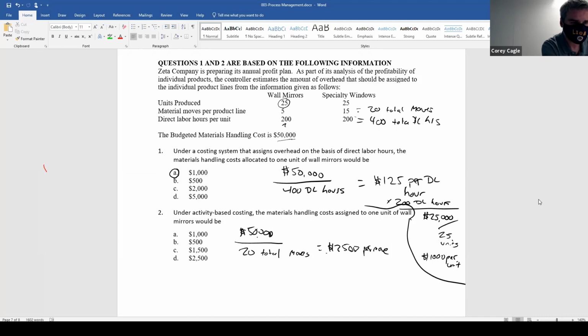This mirrors what we're allocating costs to. Actual moves for it, 5 of them. So that product line gets 12,500 of that. And there are 25 units. So 500 per unit.